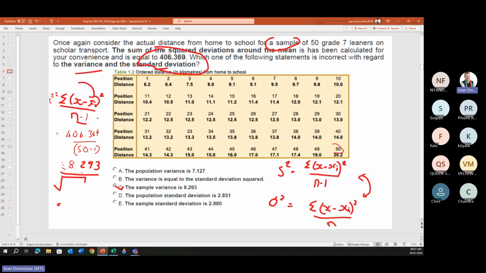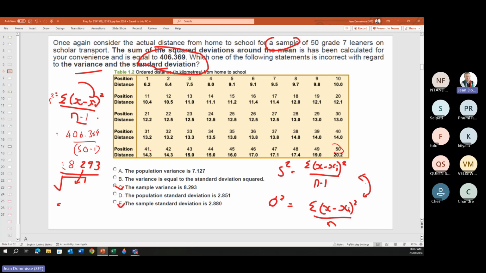The square root of 8.293 will give us 2.879799. So if we round it off, 2.880.